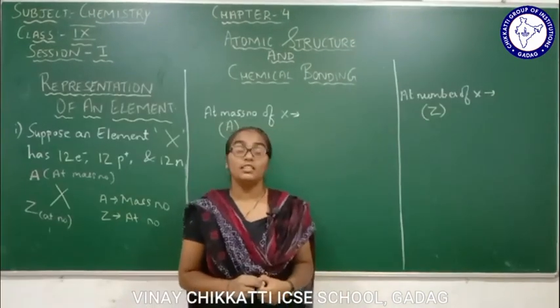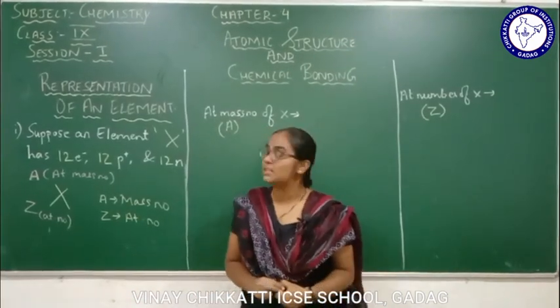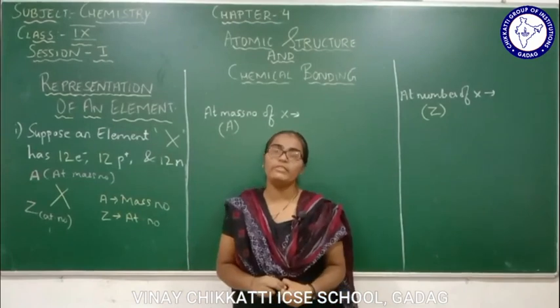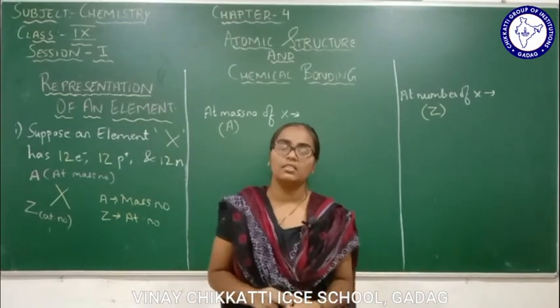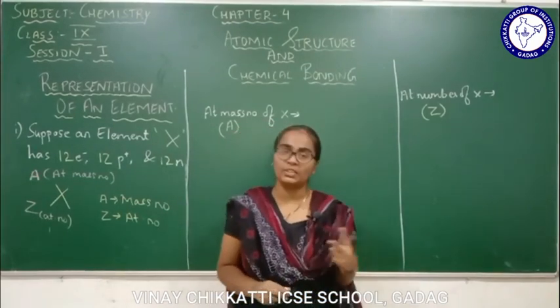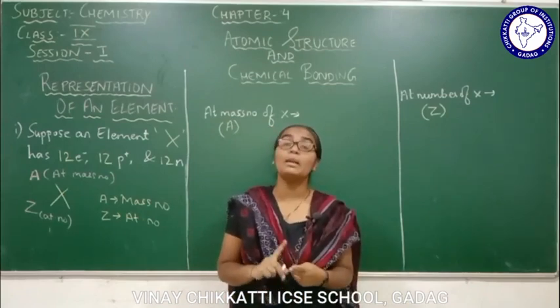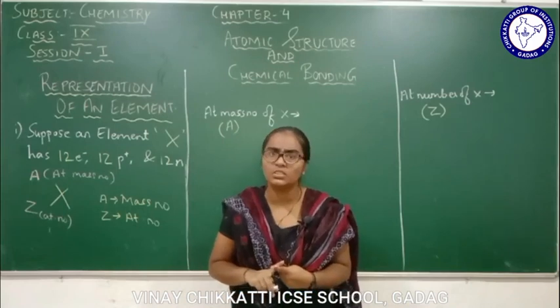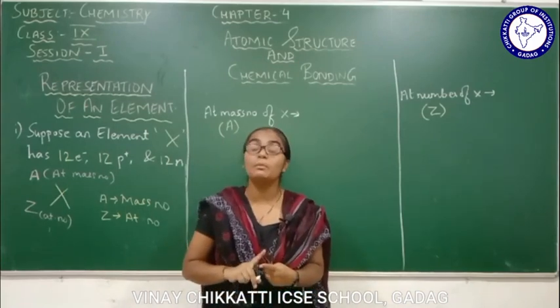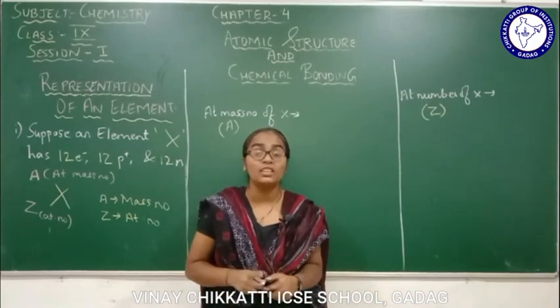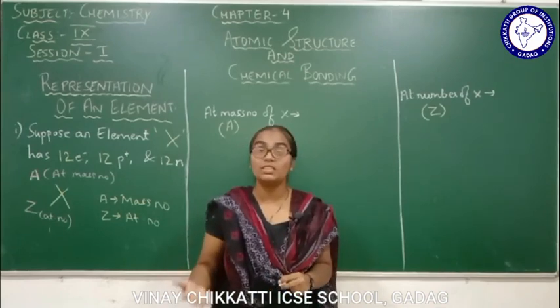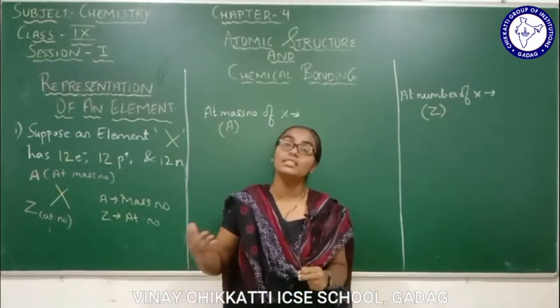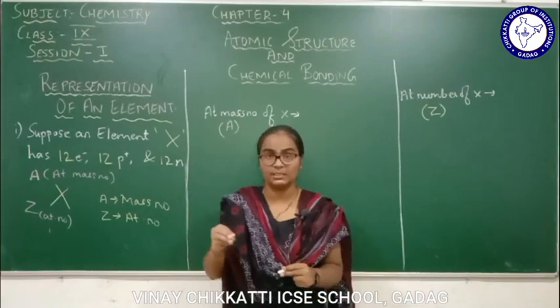Okay children, now we are going to study the representation of an element. If I want to represent any element, there should be two important components. First is the atomic mass number. What was atomic mass number? Atom mass is nothing but the mass of the nucleus.